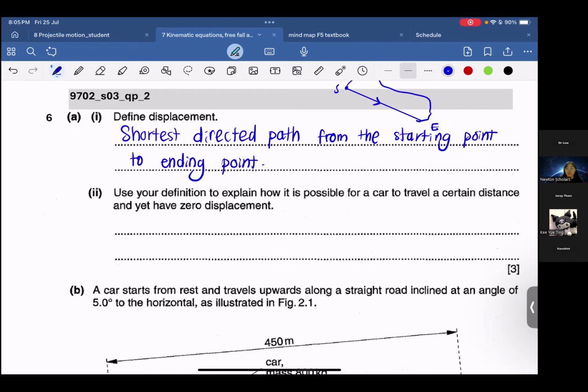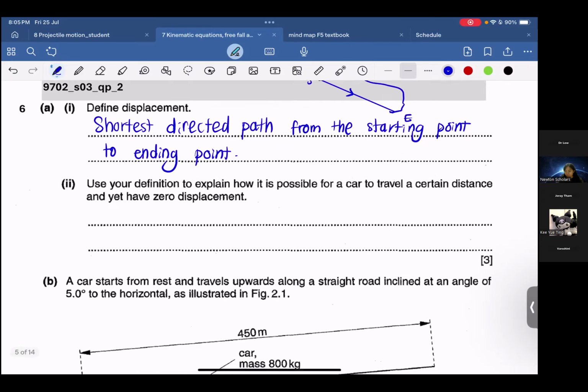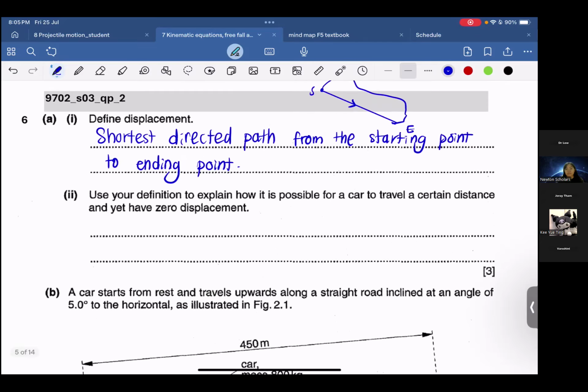So distance is not zero, but your displacement is zero. How is it possible?